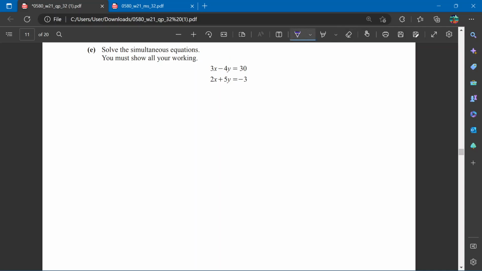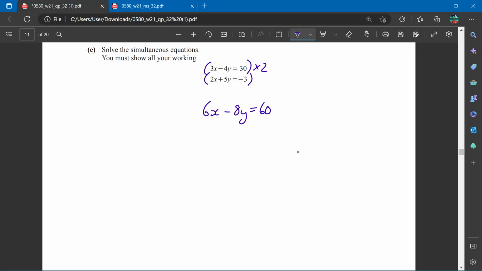So look at first. First thing I will try is get the x's the same. So common multiple of 3 and 2 is 6. So if we multiply the first equation by 2, everything by 2, that will make the 3x 6x. That makes it minus 4 minus 8y, and that will make the 30 into 60.